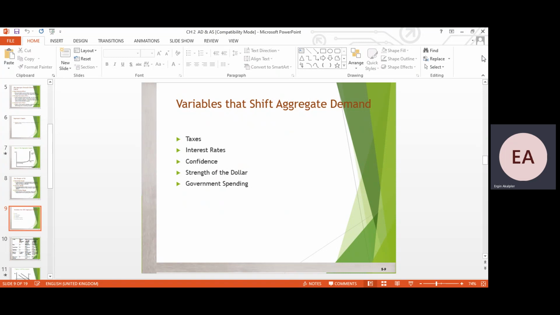Confidence is also very important, because speculative actions and confidence measures affect demand in the future or in the present market. Therefore, confidence building measures change the aggregate demand curve very much.